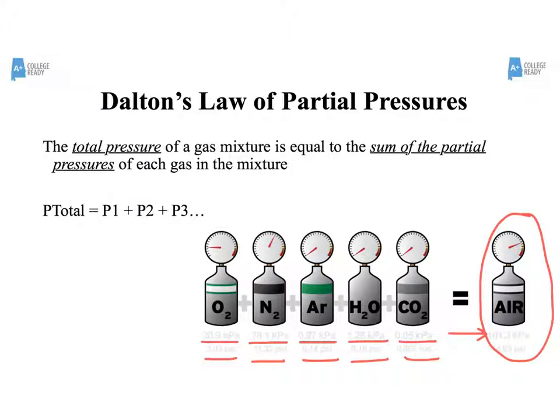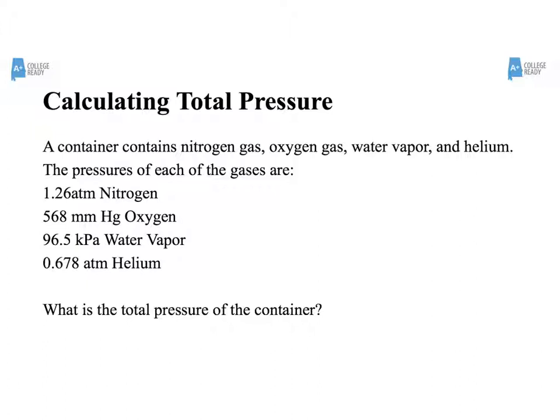So Dalton's Law of Partial Pressure says the total pressure in the system is equal to the sum of the partial pressures. We're going to use this when we want to find the total pressure in a container after a reaction happens, or if we can measure the total pressure in the container, we want to know what's the partial pressure of the gases. So here's a couple of examples.